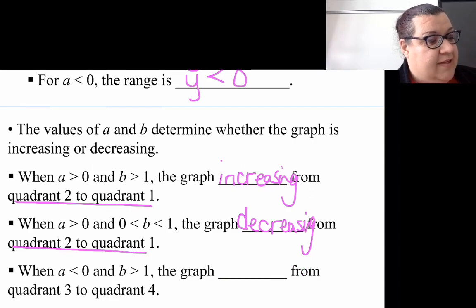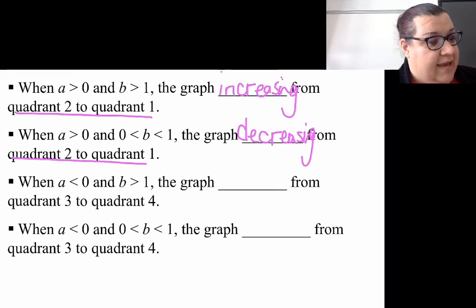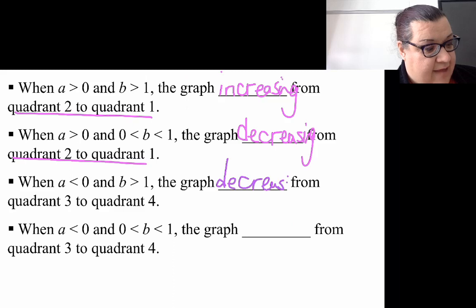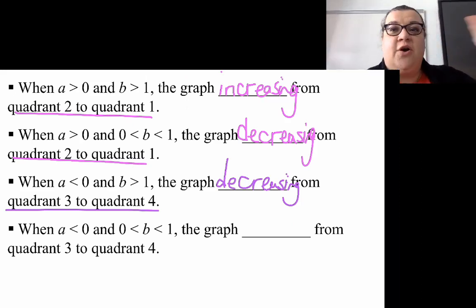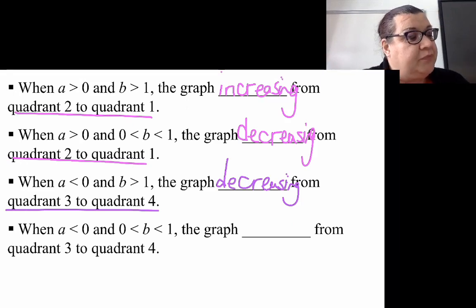However, when we flip things around and we make a be negative, that's when we saw a decreasing graph if the b value is greater than 1. So we're in quadrants 3 and 4, so this is when we're below the x-axis, and we're going down as we get bigger x values.